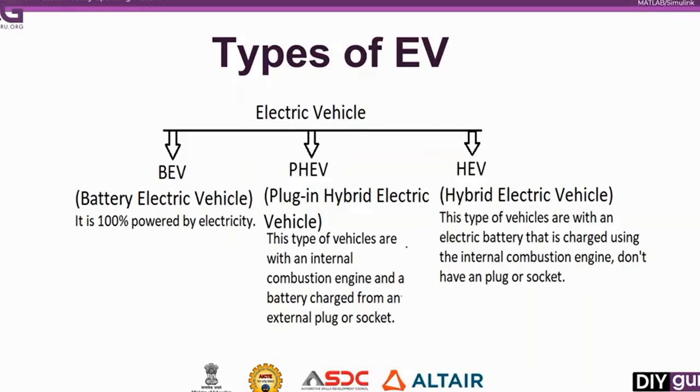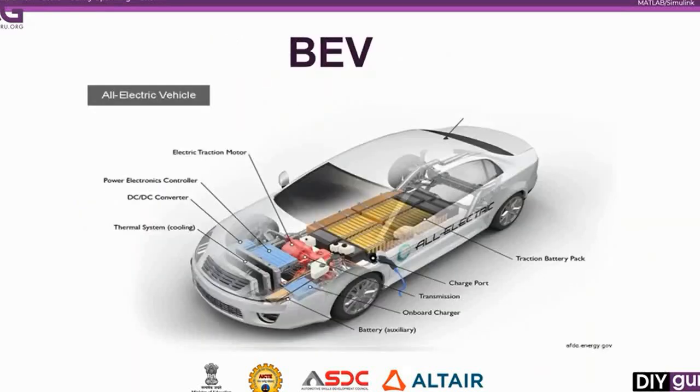Now moving on, we will see one by one which components are involved in each class of these EVs. So the very first one is BEV, battery electric vehicle. So these are also known as the all electric vehicles. So the components of BEV are: the very first one is the traction motor, and the second major component of BEV is the traction battery.